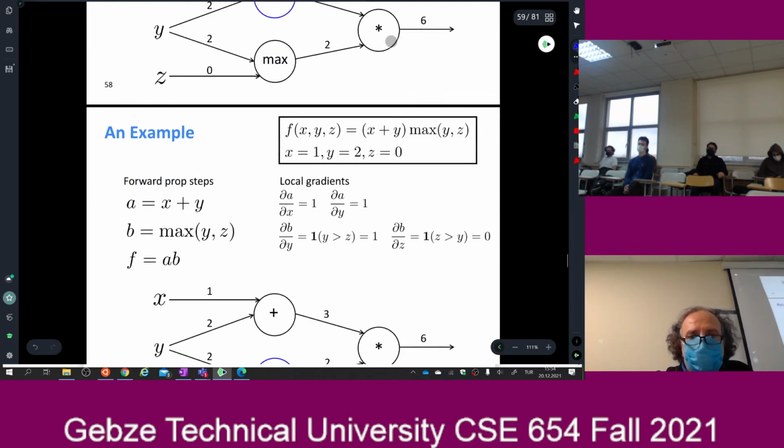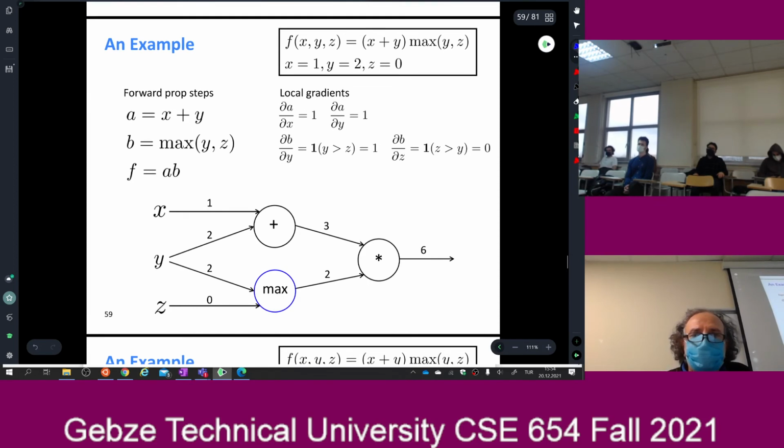Let's look at this max. The derivative of max(y, z) with respect to y is going to be 1 if y is greater than z.